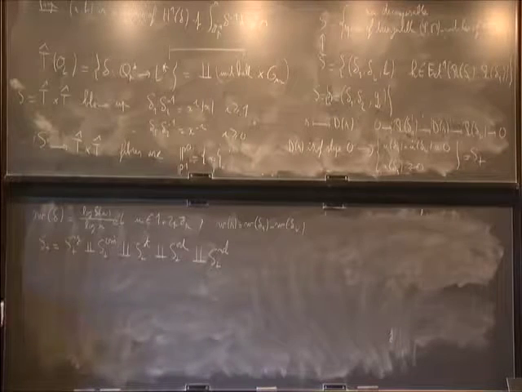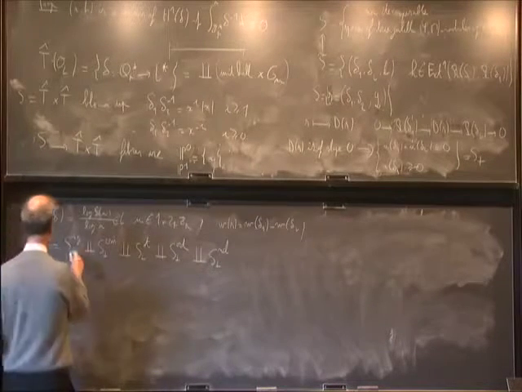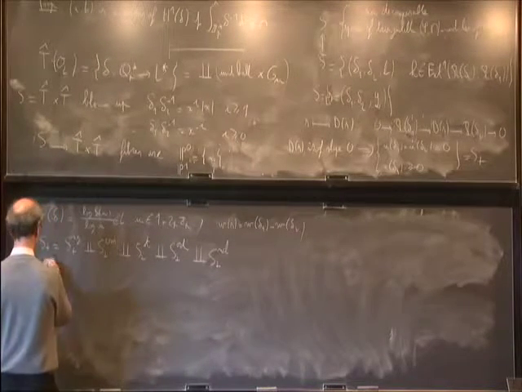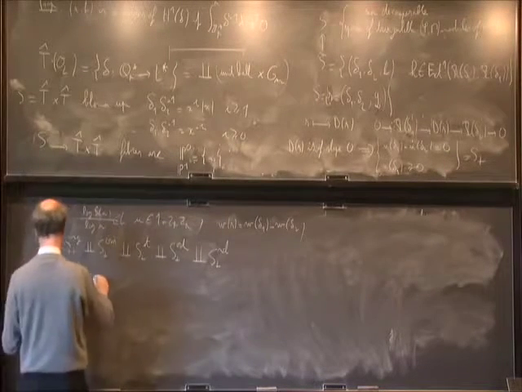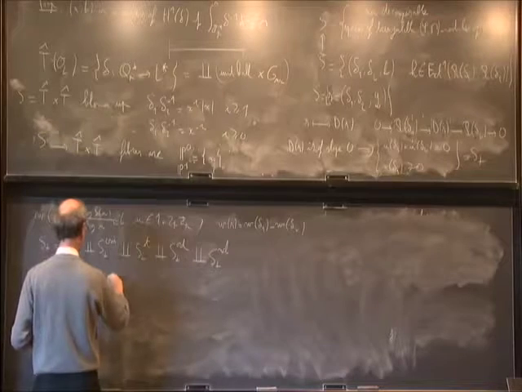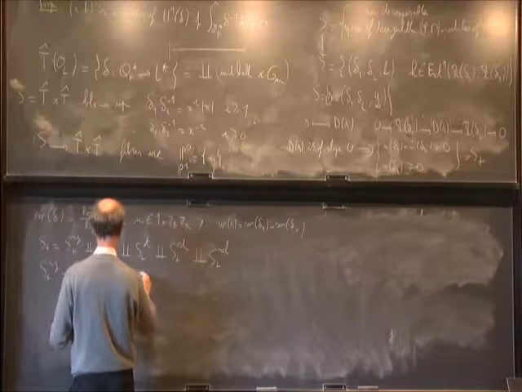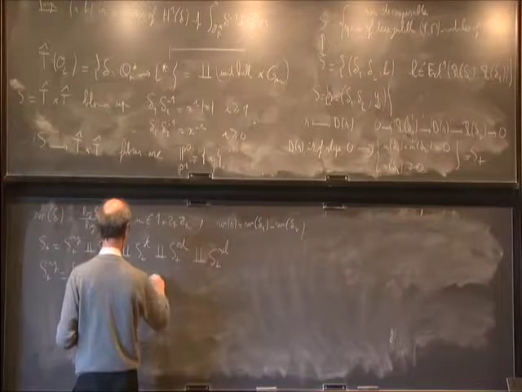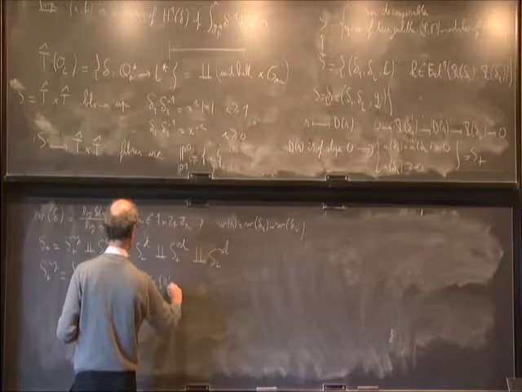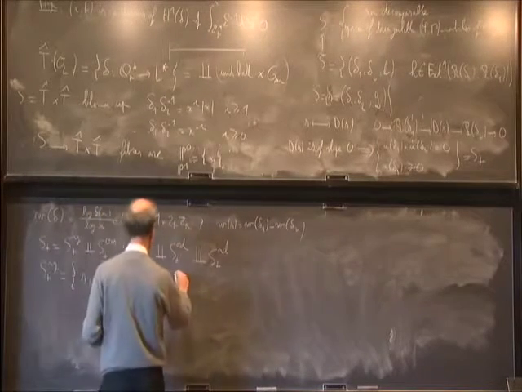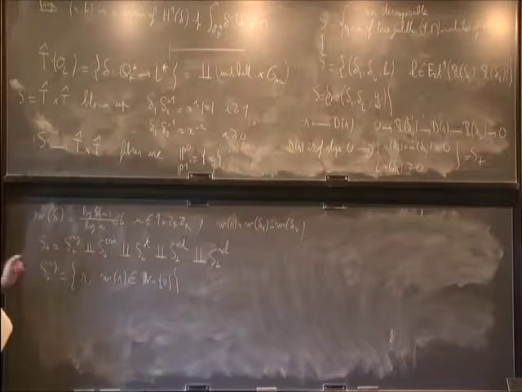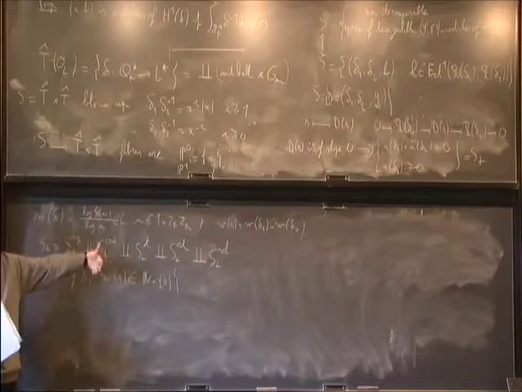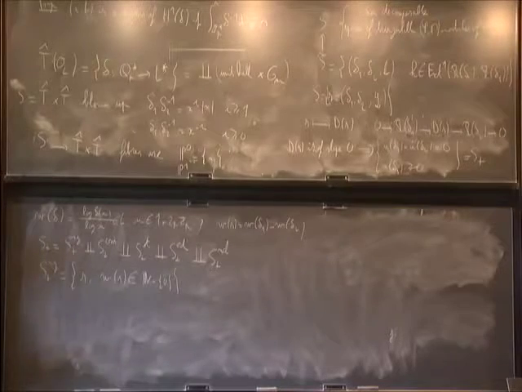And how are they defined? The first one is the easiest. S plus NG is the set of S such that W of S is not an integer. NG is for non-geometric, so it means that the weight of this thing is not an integer, and so it does not come from geometry.